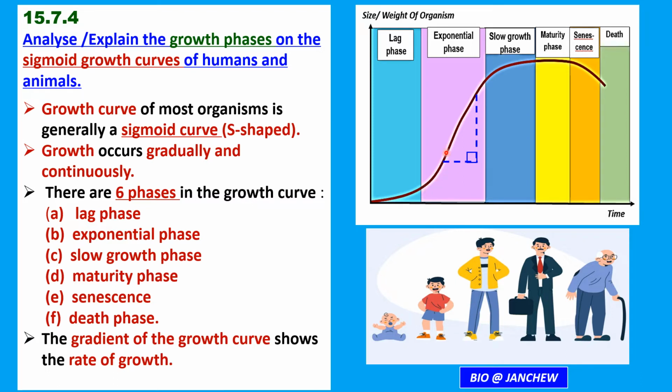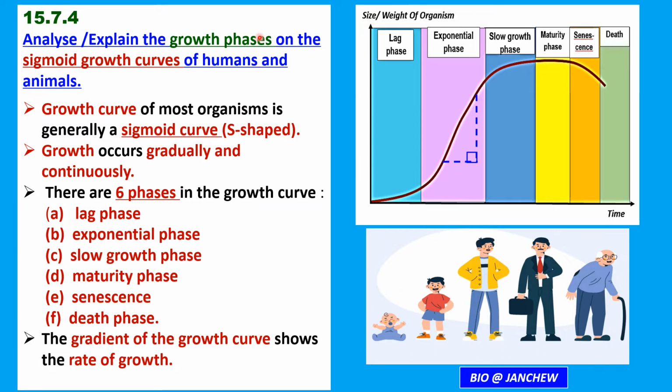Then exponential phase. In exponential phase, the growth rate is rapid, and then back again to slow growth phase. Then maturity phase. At maturity phase, the growth rate is 0. And then senescence phase during old age, and then finally death. So we are going to discuss these 6 phases in the next slide, right?